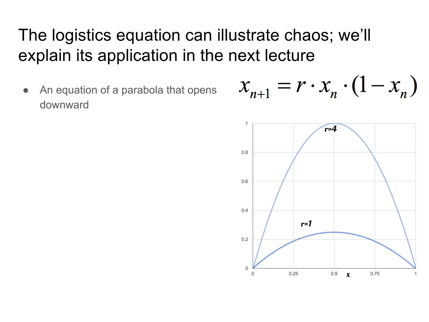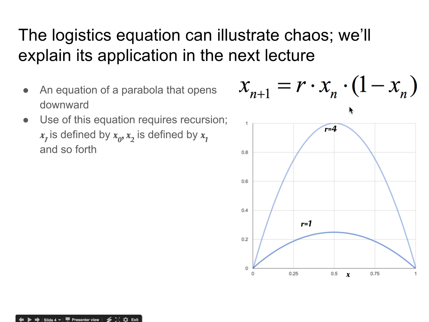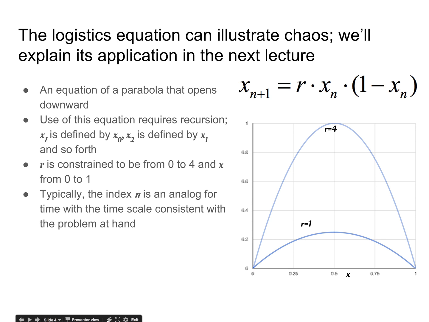And here's why. First of all, we already observed it's a parabola opening downward, and it involves recursion. We use this equation with recursion. And we restrict r from 0 to 4. And in most cases, this index n is going to increment from 1 to 2, and then you put it back in here, n plus 1 is 2 here, it's going to be 3 there, and you keep doing it.